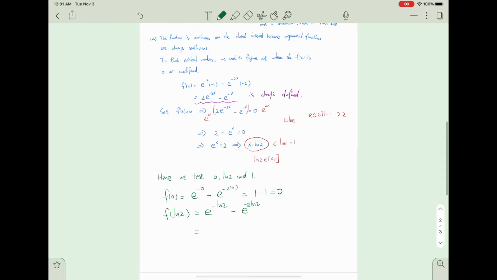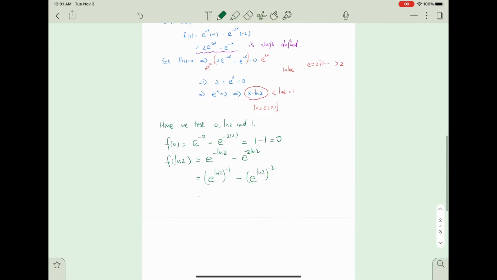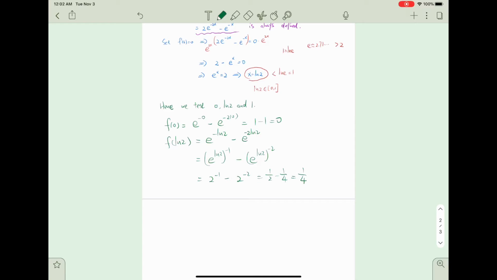That is equal to e to the ln2 to the negative 1 minus e to the ln2 to the negative 2. And we know that e can cancel with ln, so this is 2 to the negative 1 minus 2 to the negative 2, which is 1 over 2 minus 1 over 4, which is 1 over 4. So the second output here is 1 over 4.